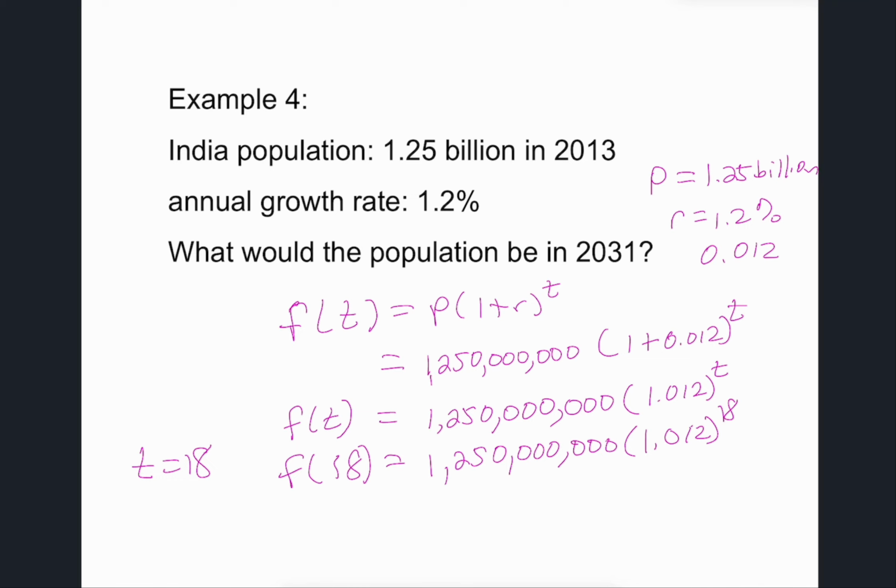Now, I would not round anything until the end. And these are people, so I would keep it to the nearest whole number if it's a person or a bacteria or something tangible like that. If it's money, I would probably go to the nearest penny. So let me just write this down, and then I'll put the commas in once I'm done.